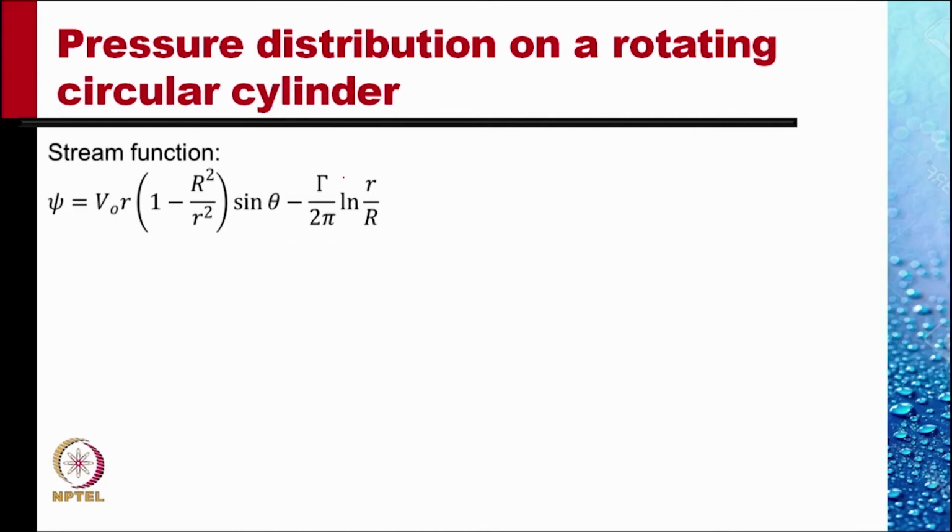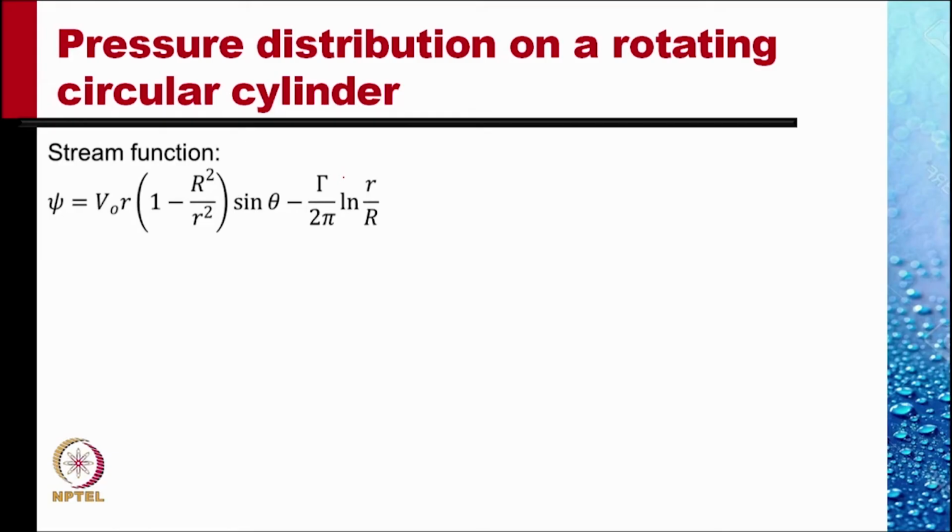Let's next consider the case of pressure distribution on a rotating circular cylinder. The stream function for such a flow is written here, is the same as that for a circular cylinder without rotation, plus the last term which represents circulation and causes this to behave like a rotating cylinder.